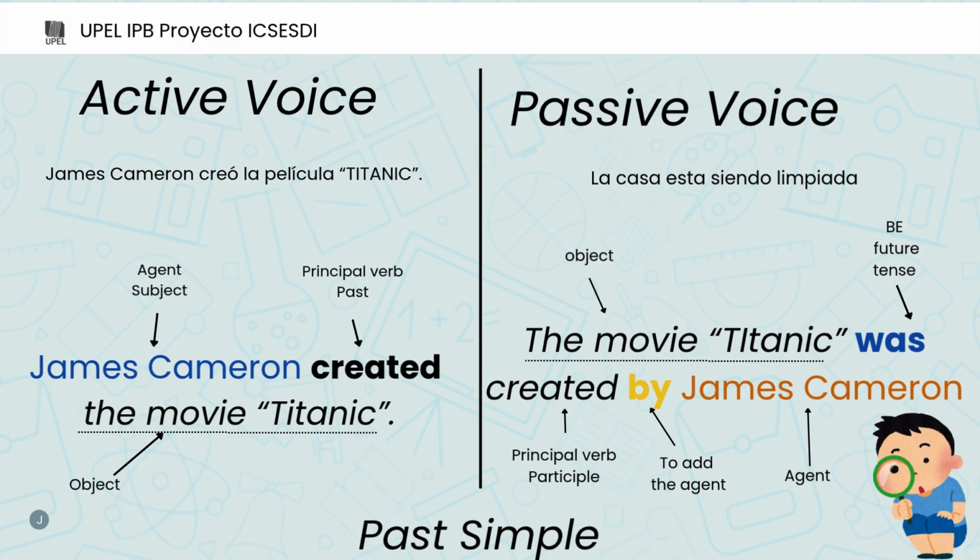So that's why he is at the end. The movie Titanic was created by James Cameron. This is additional information at the end. I really focus on the information: the movie Titanic was created. That's what I really want to know.